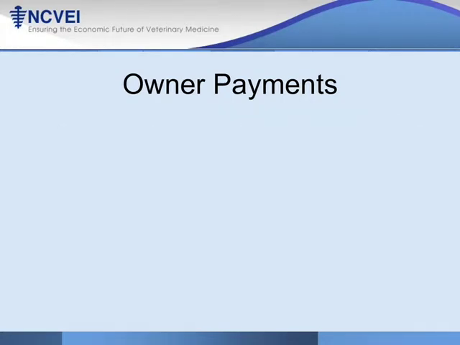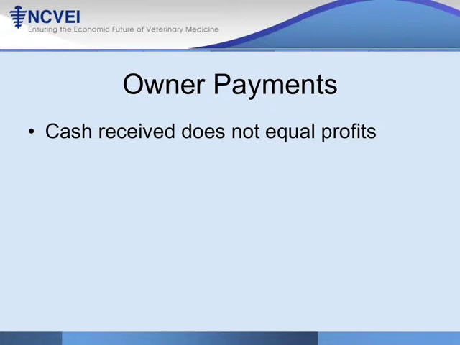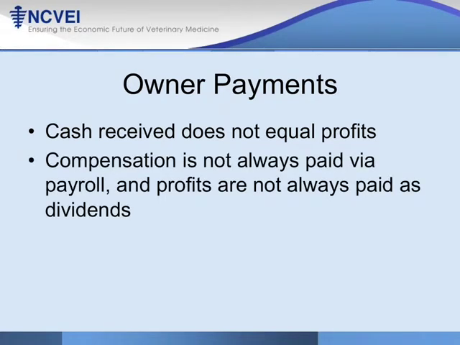These items, however, are generally not recorded correctly in the tax return or the financial statements for the calculation of true practice profitability. They may be recorded correctly for the preparation of a tax return, but not for the calculation of profitability. Compensation is not always paid via payroll, and profits are not always paid as dividends.